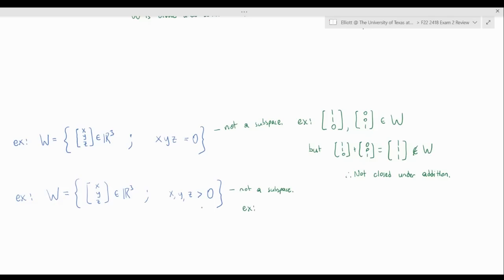For this one, the simplest example you could possibly give maybe is, again, this one does not contain the zero vector, because we have that x, y, z have to be strictly positive, okay? But even if I changed it to all of them just greater than or equal to 0 instead, it still wouldn't be a subspace, although you'd have to give a different reasoning now.